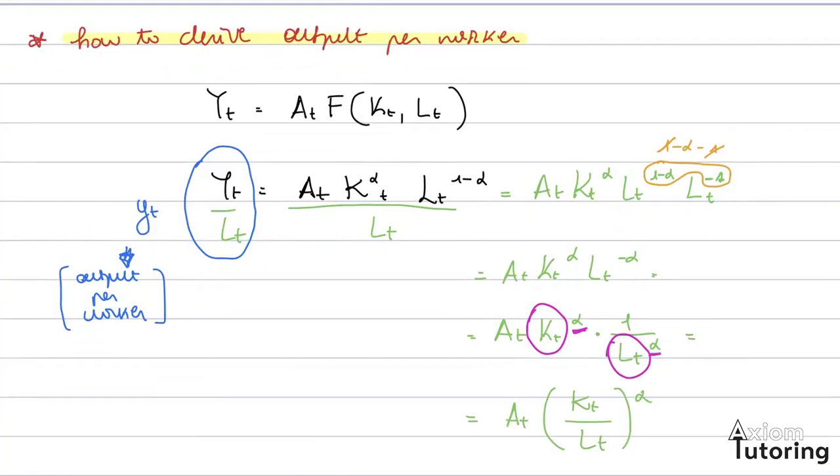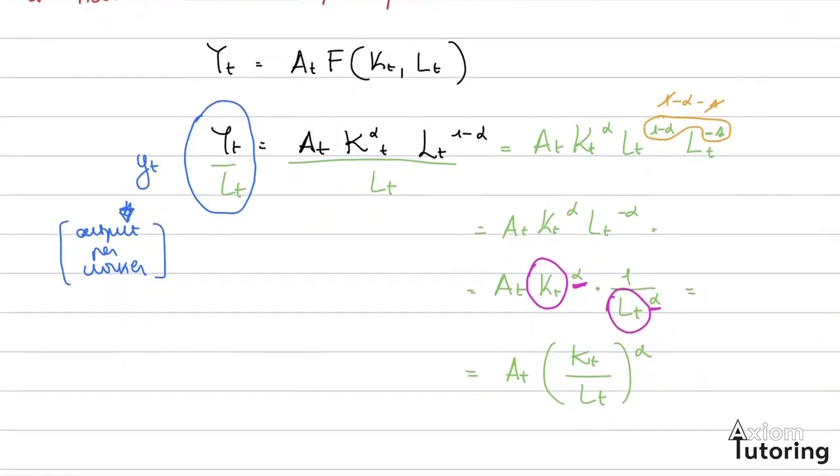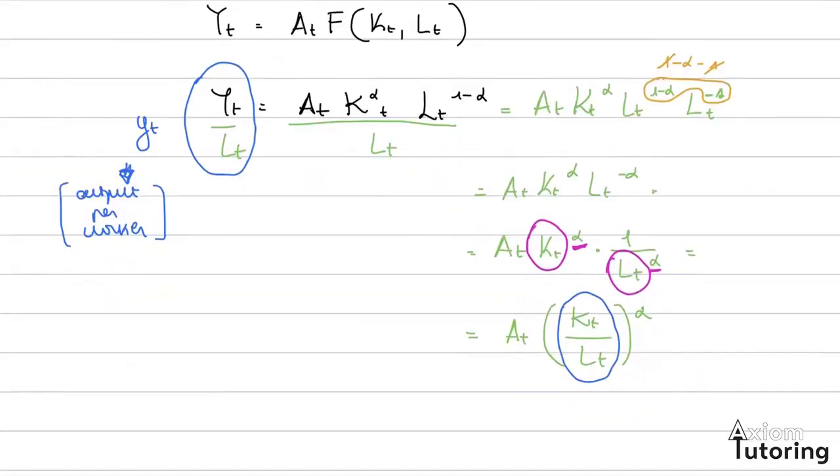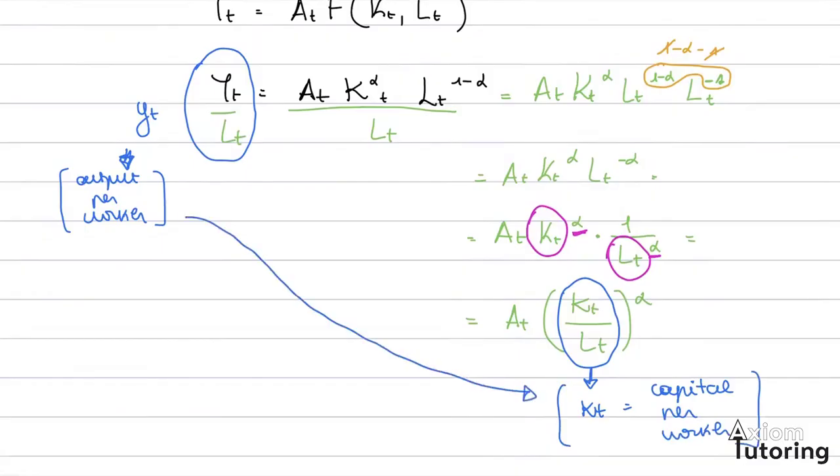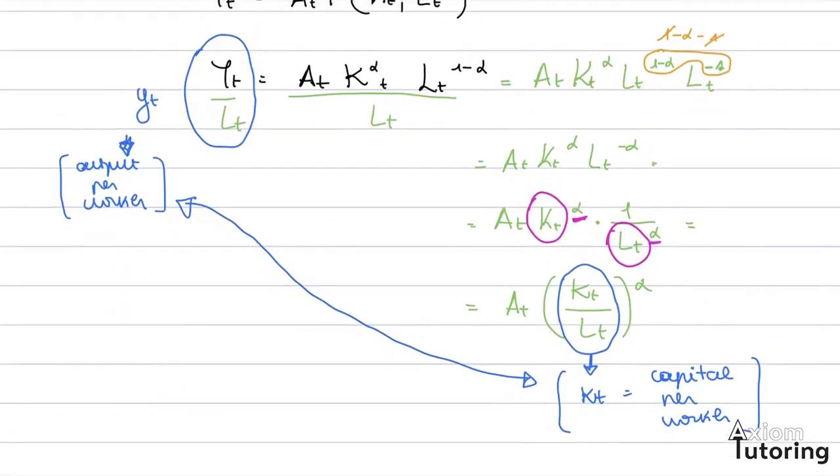Different base, same index, same power. We can write it as a unique fraction. And what we have obtained here, this fraction, is capital divided by number of workers, which means we've obtained our small kt, which is indeed capital per worker, for a very similar reasoning that we did here for our output.